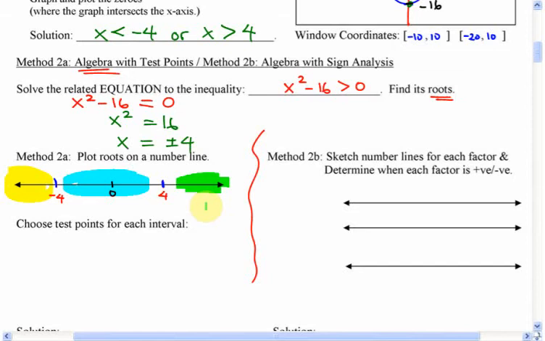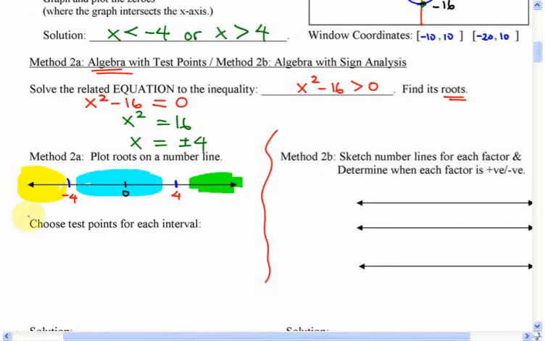So here's what I'd like you to do. Our goal is to actually figure out which part is, what am I looking for again? Which part is larger than 0? So your question here is, you're asking yourself, which part is bigger than 0? Because that's ultimately what you're trying to solve for.